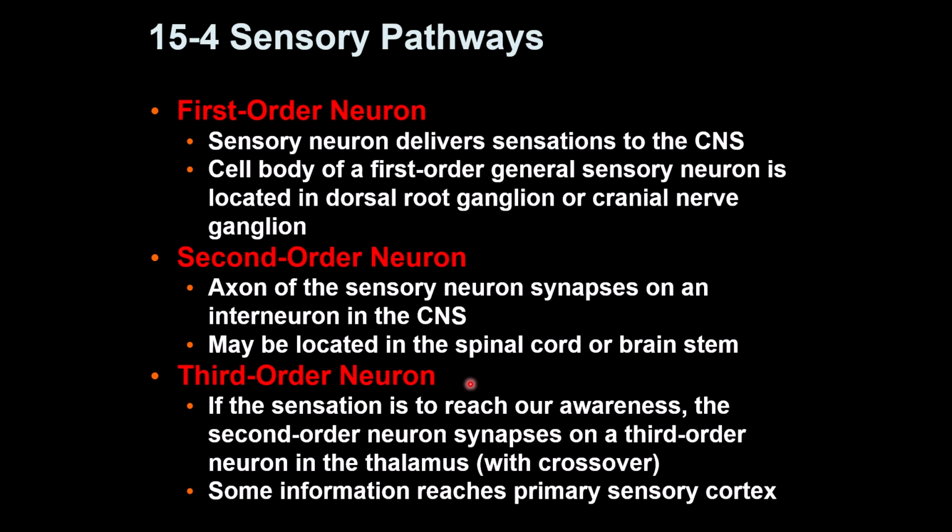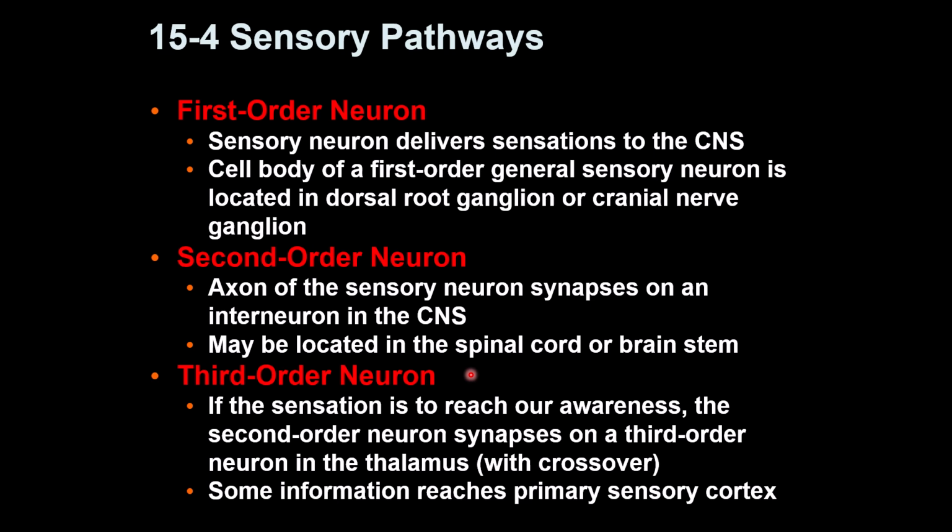Okay, but the problem is that the connection between the first order and third order neuron usually crosses over. So it means that it's crossing to the other side, and most of the time, not always. There are exceptions. For example, some of the pathways that go to the cerebellum do not cross, but those are the ones that later on go to the thalamus.